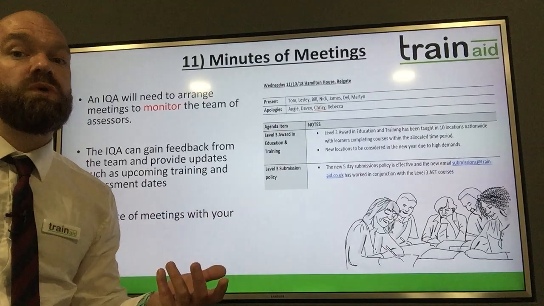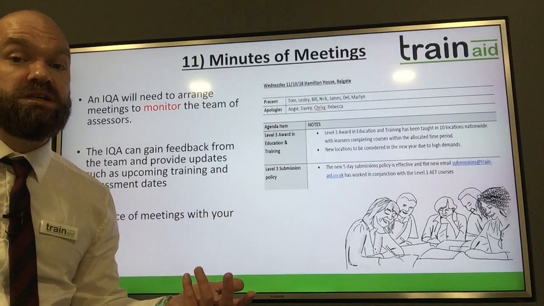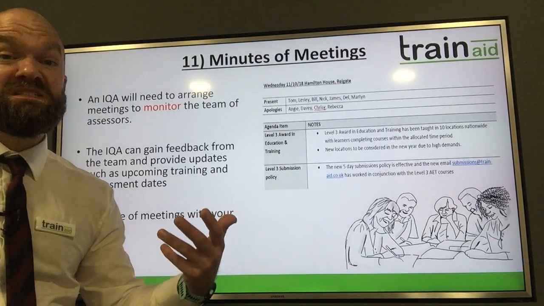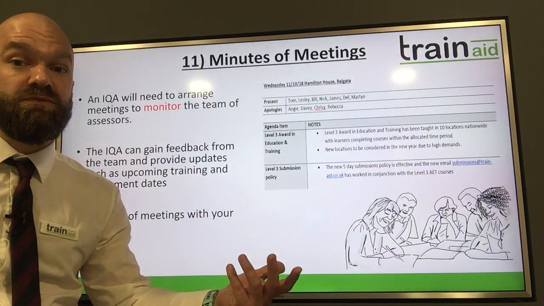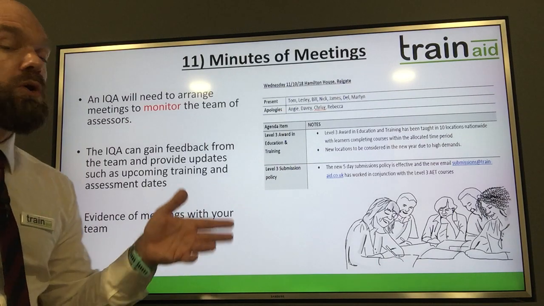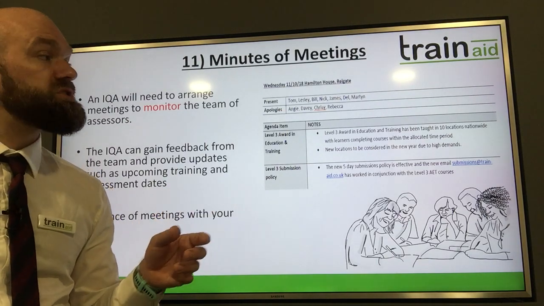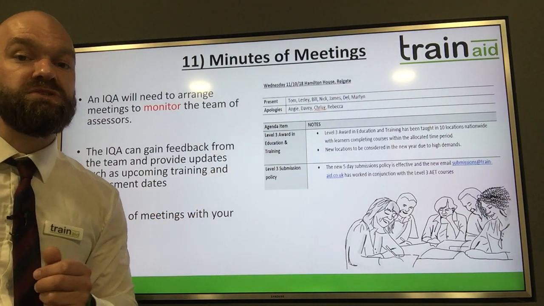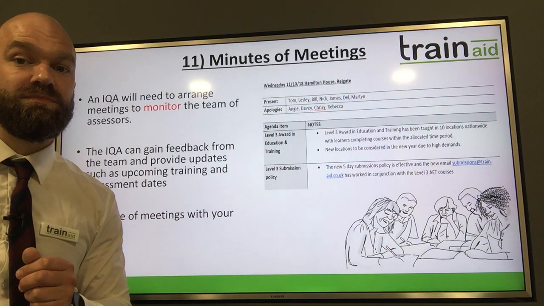If you're new to meetings, it's a very good idea for you to perhaps practice chairing a meeting, for example, okay? Within your IQA portfolio, we're looking to see 1 or 2 examples of minutes of a general meeting.